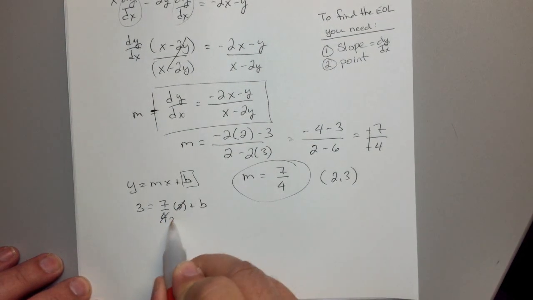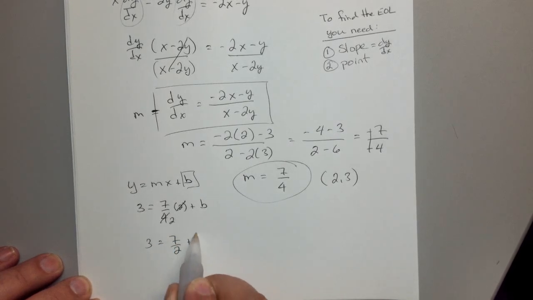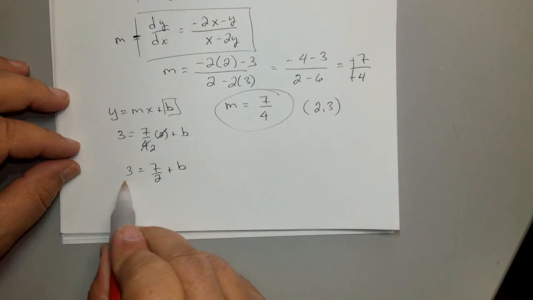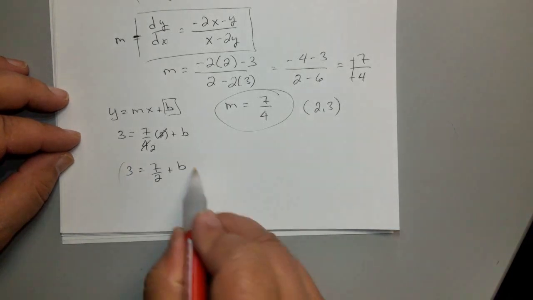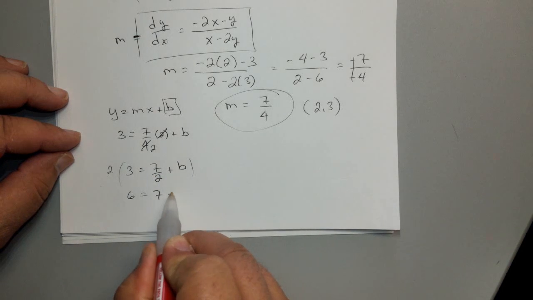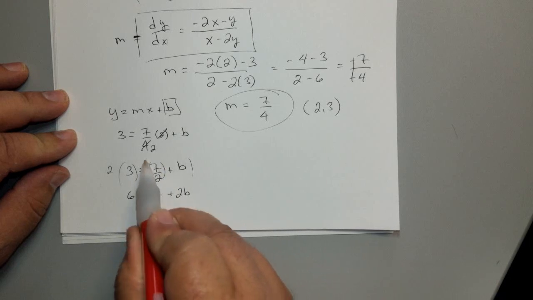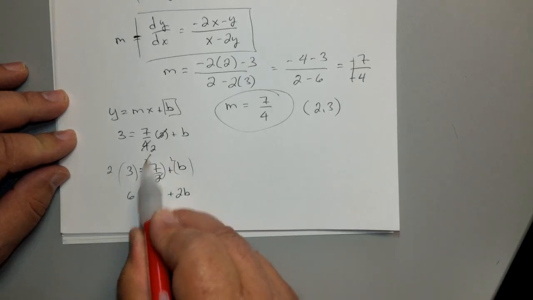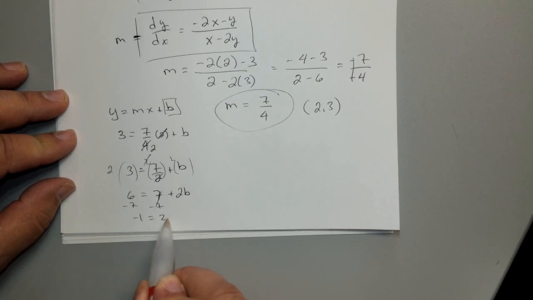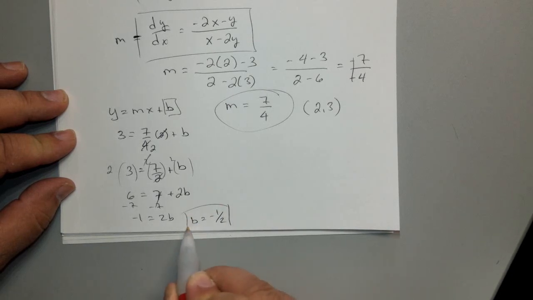The 2 and the 4 cancel: 7 over 2 plus b. Multiply across the board by the LCD. We get 6. I multiply everybody by 2. So negative 1 equals 2b, so b is negative 1/2. That's my y-intercept.